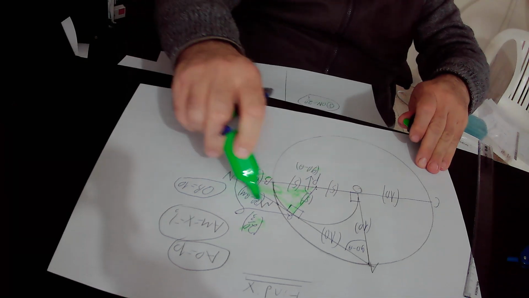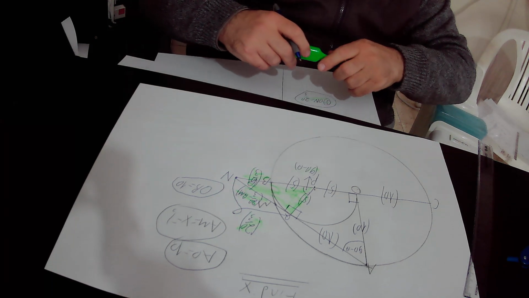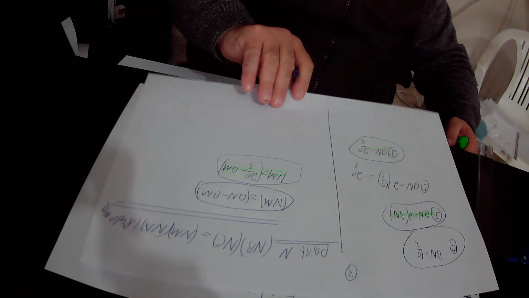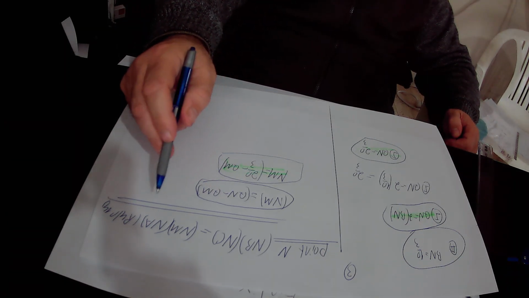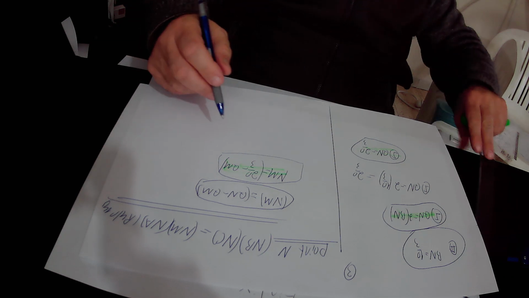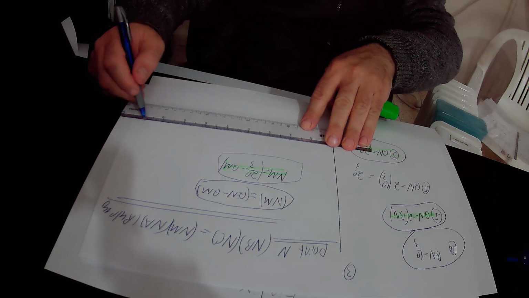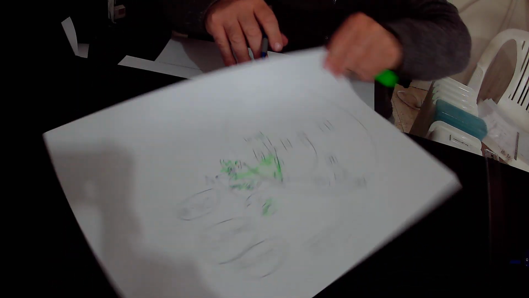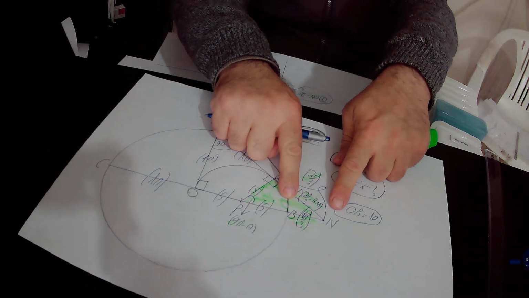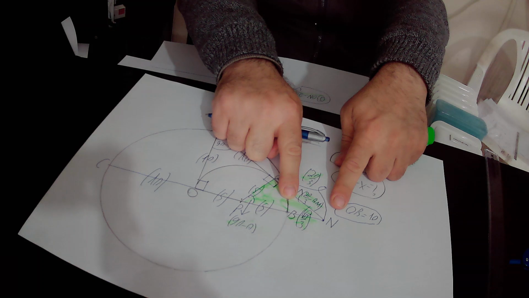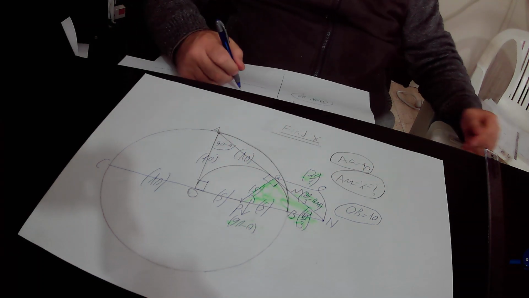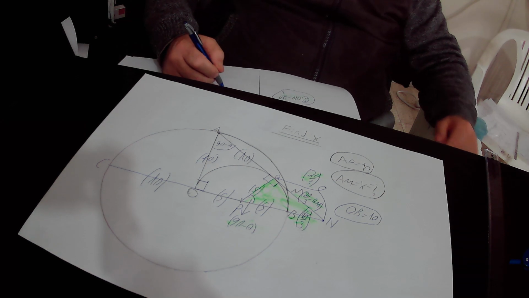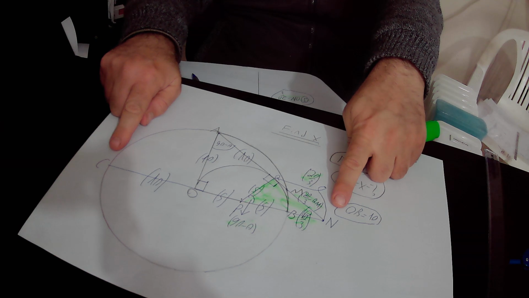Okay, now we will return to rule number 14. According to rule number 14, we found out that NB times NC equals NM times NA. NB is 10 over 3 times NC. NC or CN, it is the same.